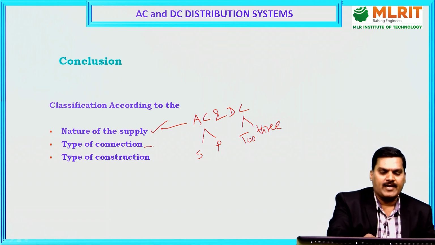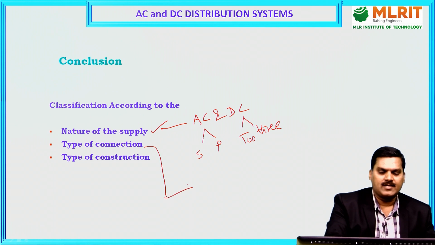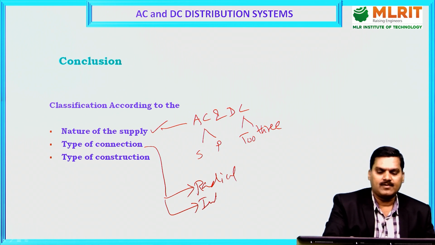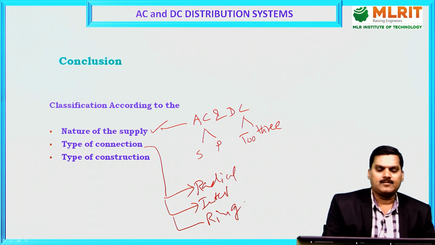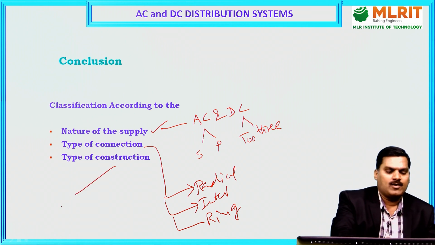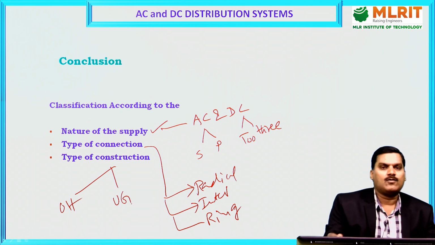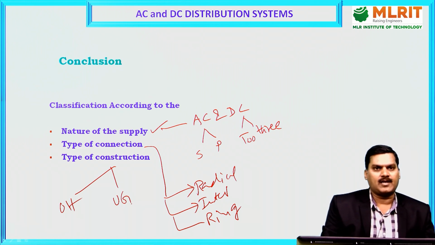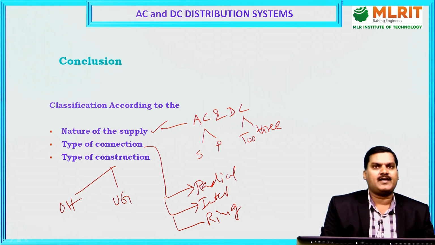In type of connection we discussed 3 types: radial, interconnected system, and ring main system. And for type of construction we have overhead transmission line and underground transmission line. So these are the different classifications of the AC and DC distribution system.